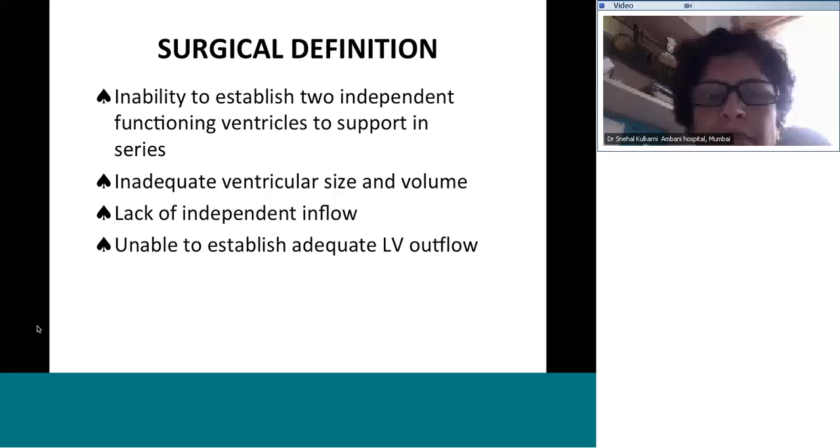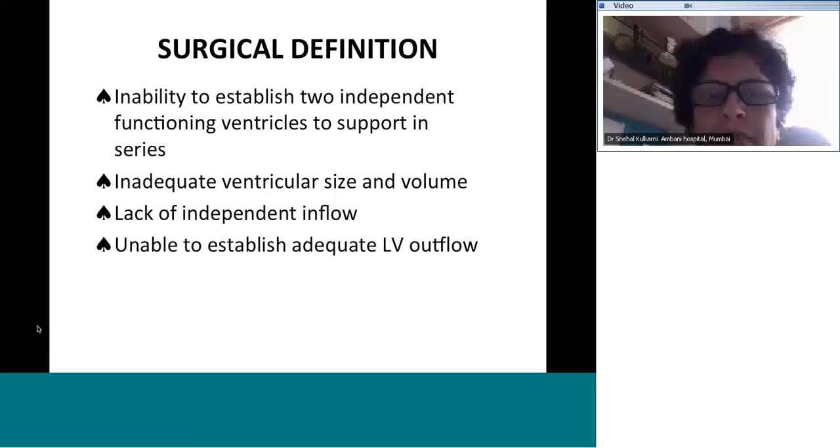Automatically your ventricles are not going to be normal. Secondly, you are not able to connect the inflows to the ventricles, and you may not be able to establish two functioning ventricles. And the third thing is inability to establish adequate left ventricular outflow, and that is the example of hypoplastic left heart syndrome.